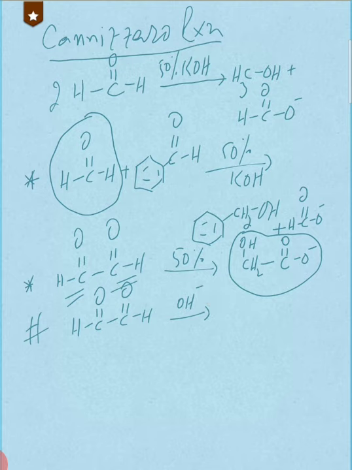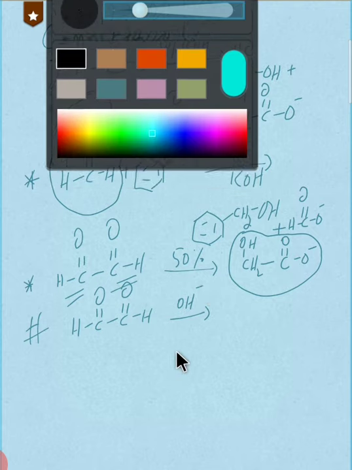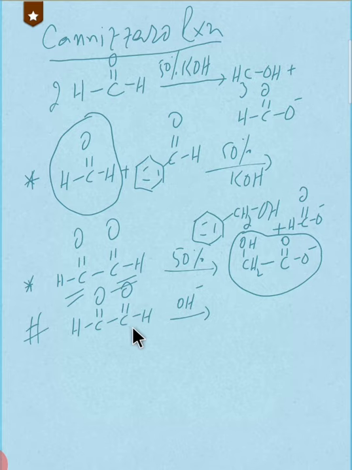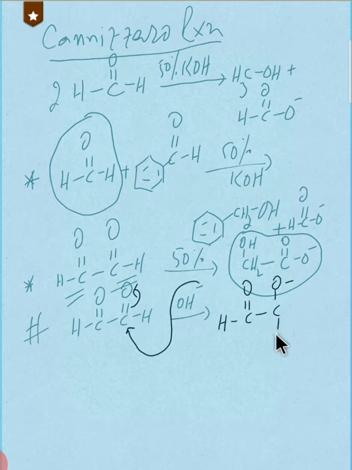Let me change the color. Okay, now either of this carbon atom can be attacked by this OH minus ion because this is symmetrical. So this will be formed like this. So we can get O minus ion. Here will be OH and this is hydrogen.